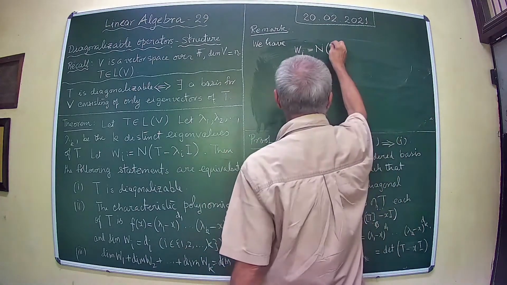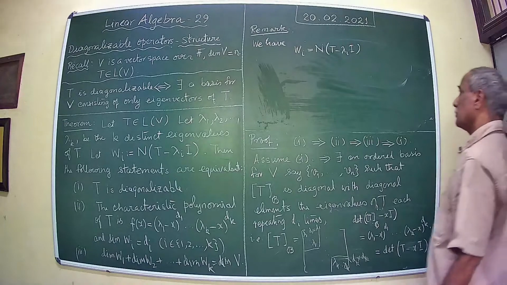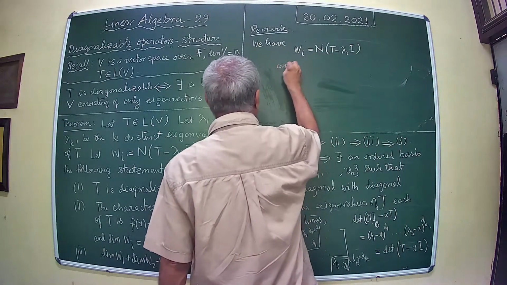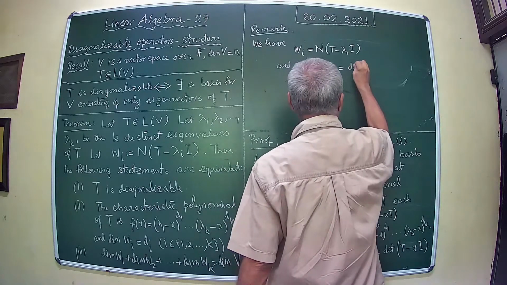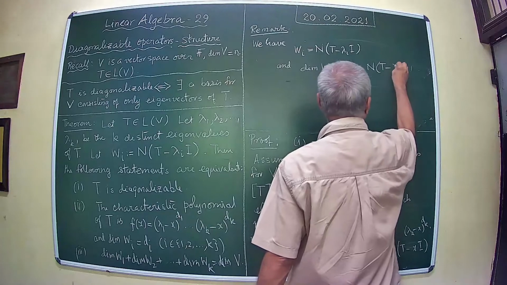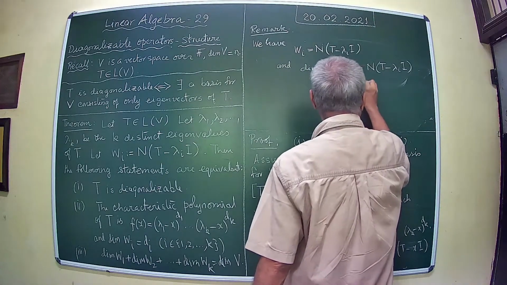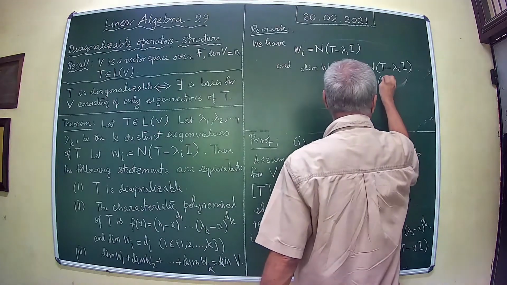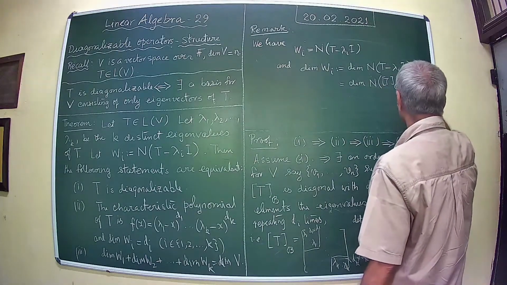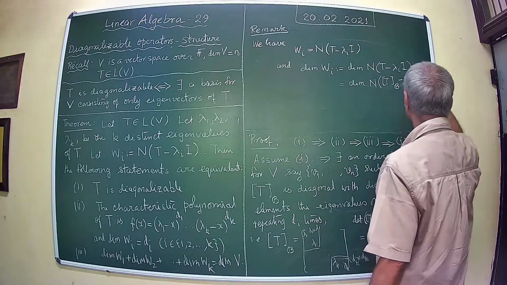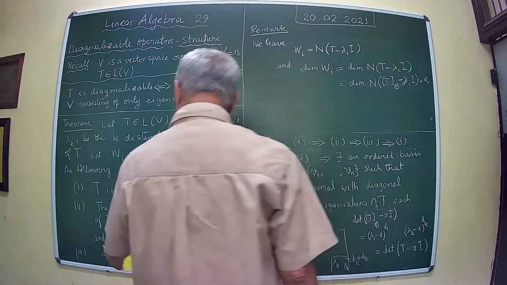Further, the dimension of Wi is equal to the dimension of the null space of T minus lambda i I by definition, and this is equal to the dimension of the null space of the matrix minus lambda i I, which is equal to di. So that's exactly what we have.